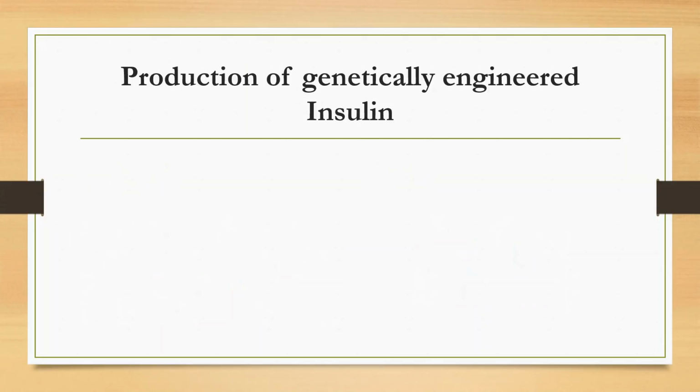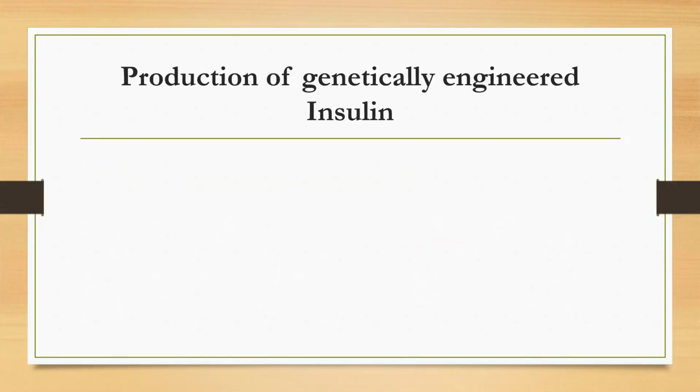Such insulin showed benefit and helped to treat some of the patients, but in most of the cases it resulted in allergy. So in such conditions, the scientists thought to produce human insulin, which is exactly similar to the insulin synthesized by the human body.